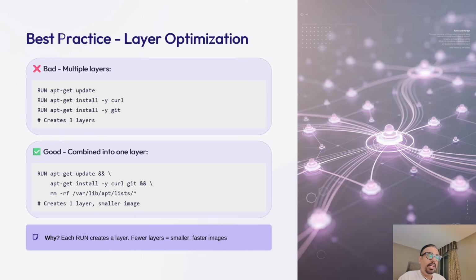By doing everything in one run command, you can create and clean up temporary files within the same layer. This technique can reduce image sizes from gigabytes to megabytes in some cases. For production images, the smaller it is, the better. Because if it is smaller, we have faster downloads, faster deployments, and less storage cost.